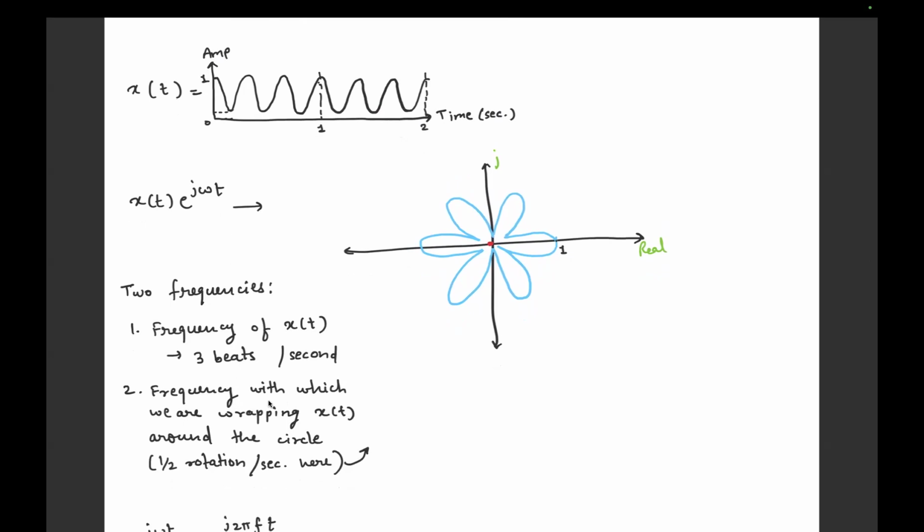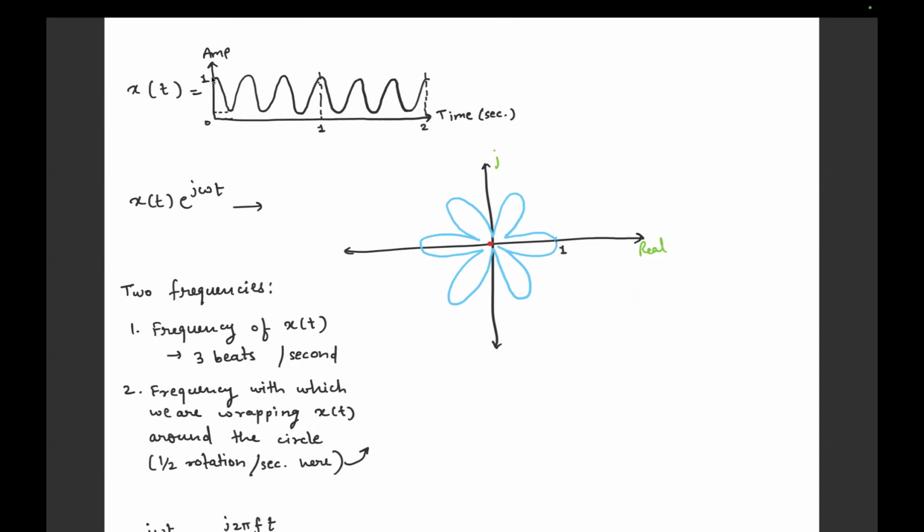That is the frequency with which we are wrapping xt around the circle. So right now this is half rotation per second. So what's happening is that we are going from 0 to pi from here to here in 1 second.